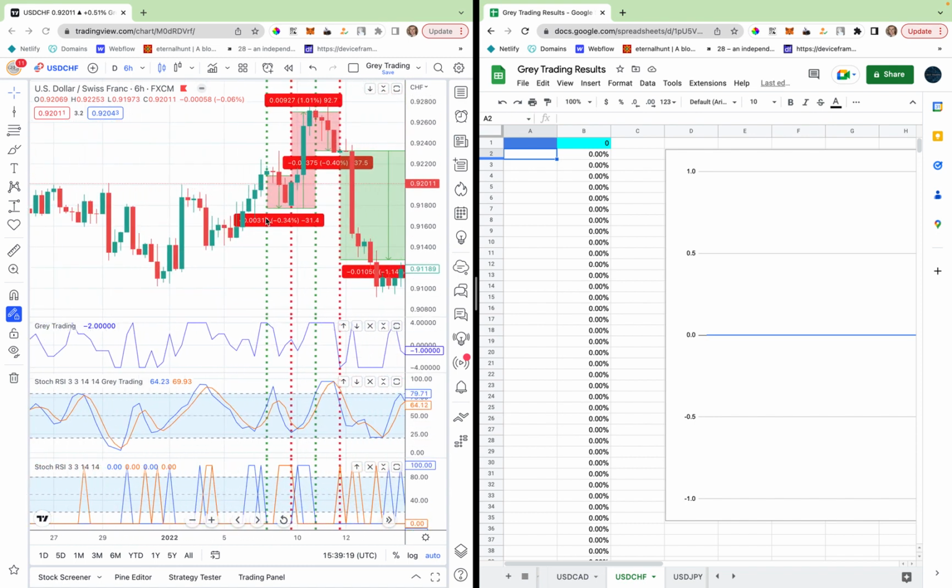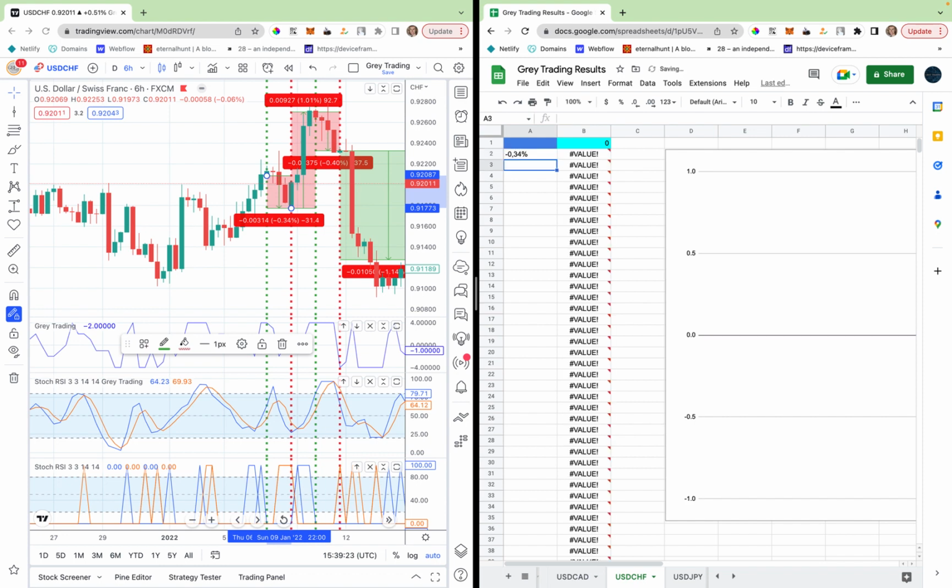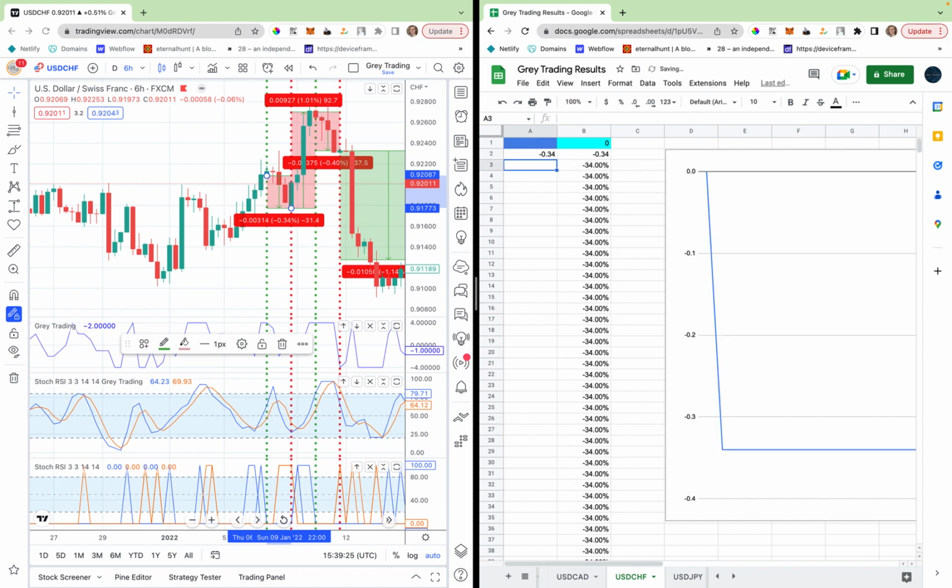Okay, so we don't have the best start to the year, but that's pretty much expected every year because it tends to be a bit slower around Christmas.